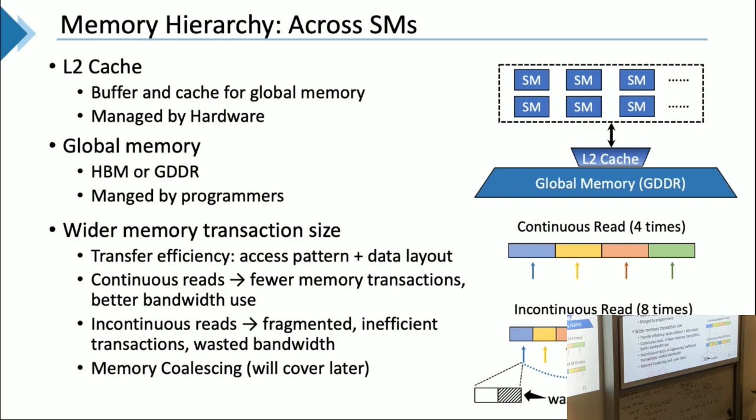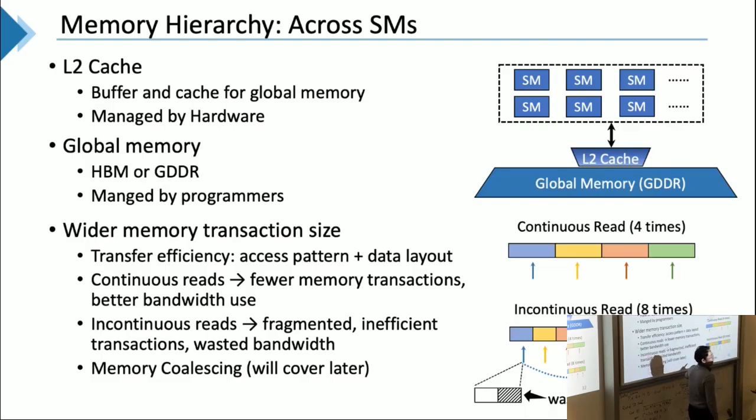Let's assume we need to read this bunch of data from global memory to our register file. Let's say one chunk is 1024 bytes, and here we have 4 chunks of 1024 bytes.